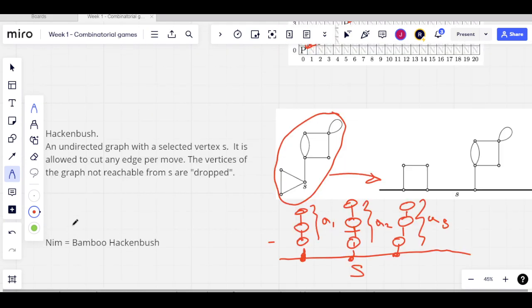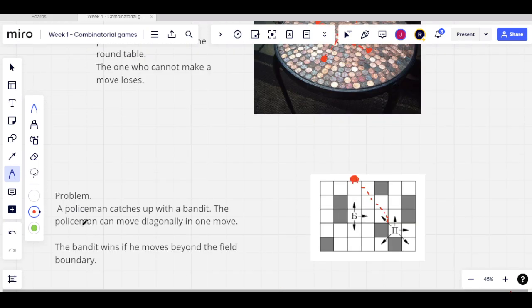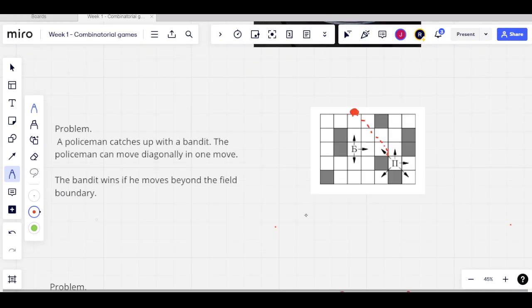For example, this will be an unfair game, and normal.